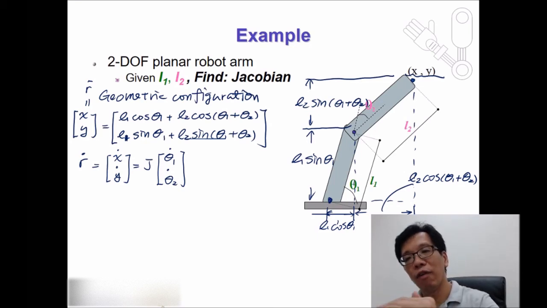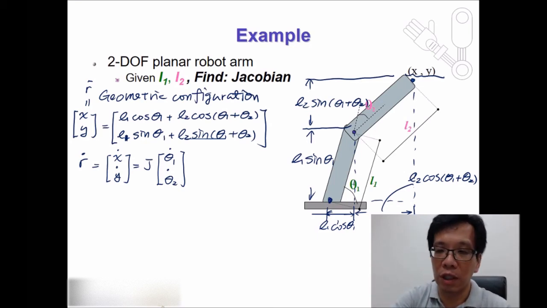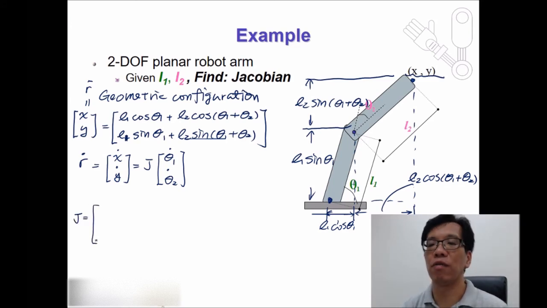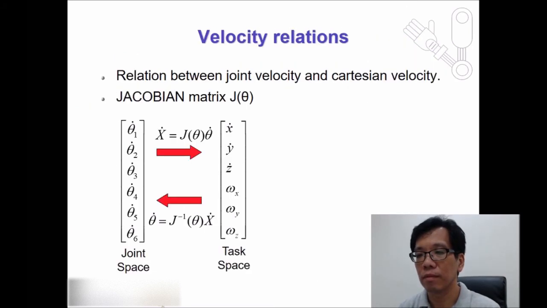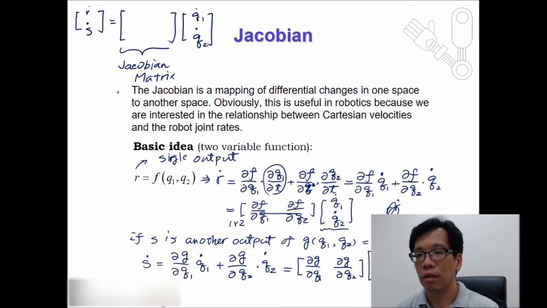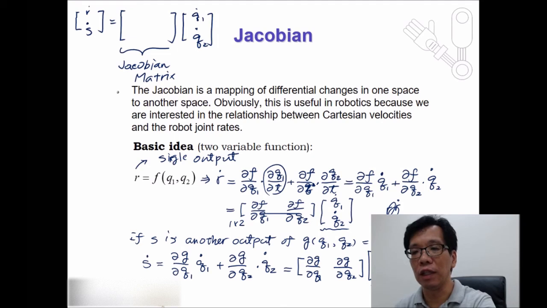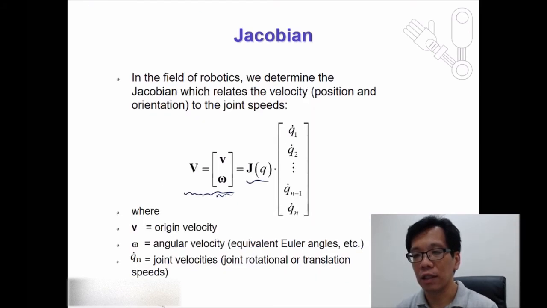For the Jacobian matrix, we need to write down the partial differential terms. We talked about this when we were dealing with two-variable functions. So we need to partially differentiate the function of the first row and the function of the second row. So let's do that.